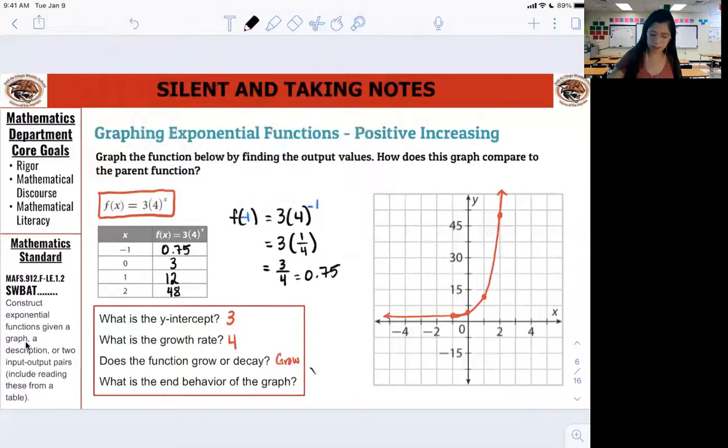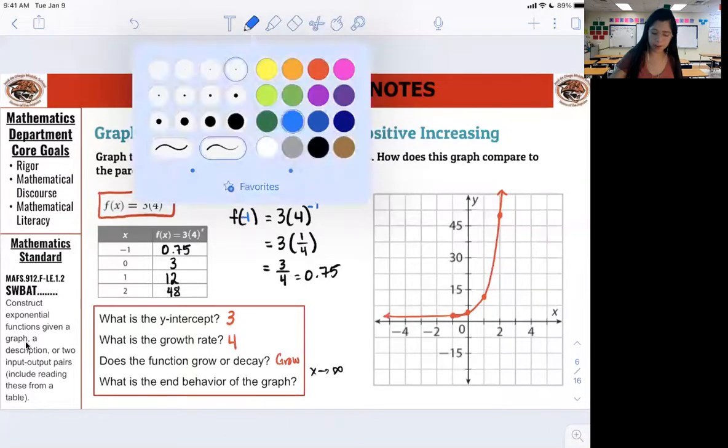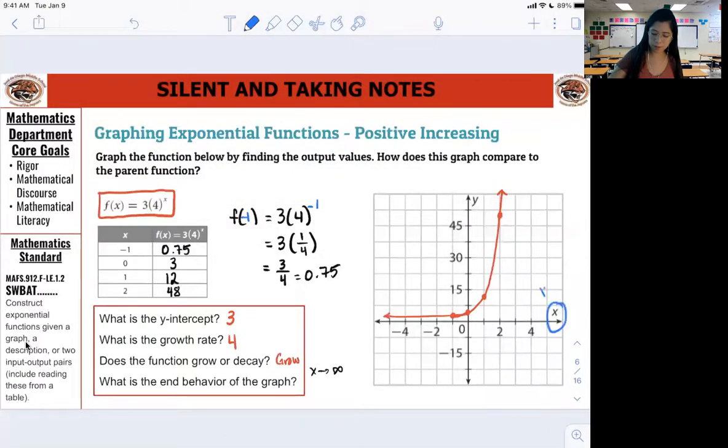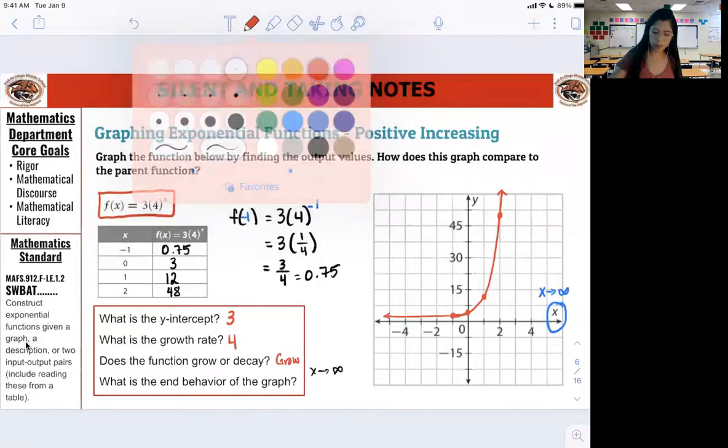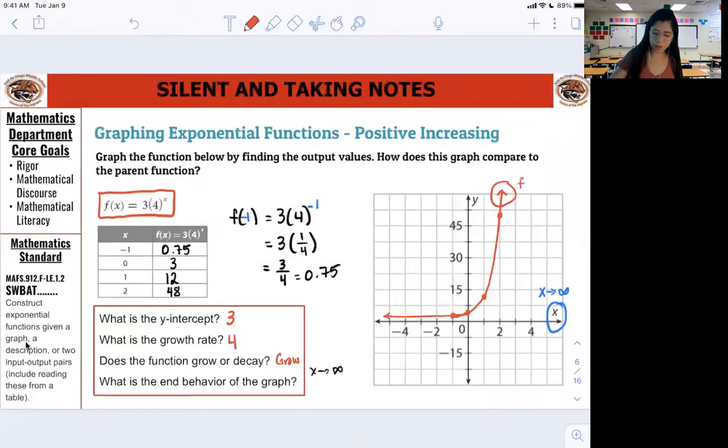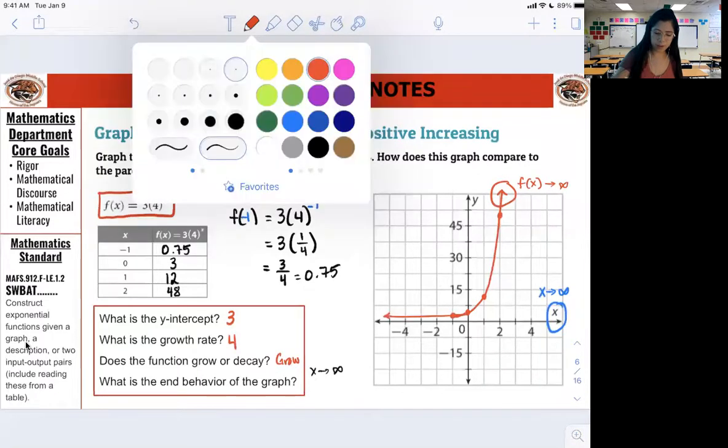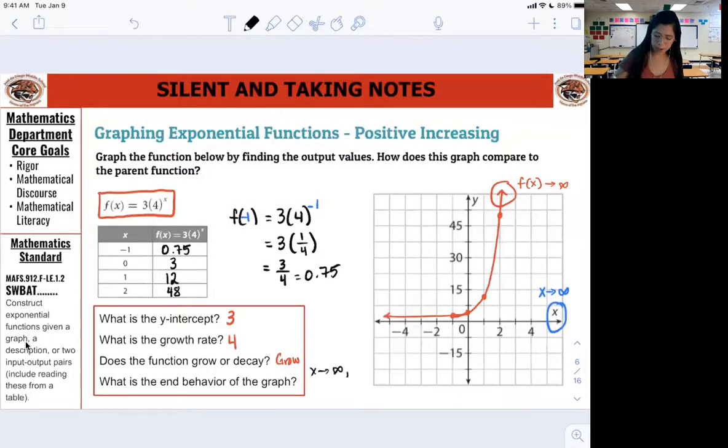So I'm going to write it again. So as x approaches positive infinity, so on the right side of the graph, our function is also approaching positive infinity. So as x approaches positive infinity, f of x approaches positive infinity.